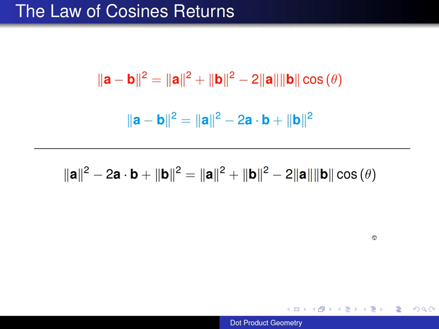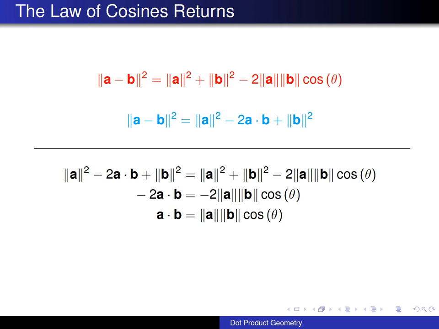So if I subtract those away, I suddenly have a much simpler looking equation, and also it jumps out at me that I have a factor of -2 in both, so I can divide through by that, and it says that the dot product, another way to define it, other than the way we did last time with the pairing up of corresponding entries so that we do multiplication and then we add all of those products up, the dot product is also equal to the magnitude of A times the magnitude of B times the cosine of theta. And that theta is the angle formed by A and B.